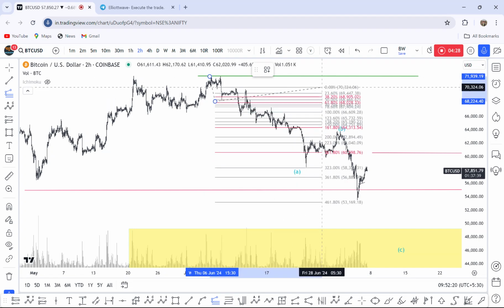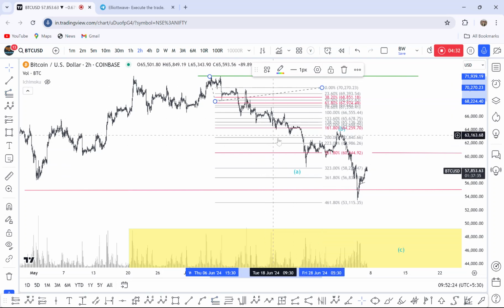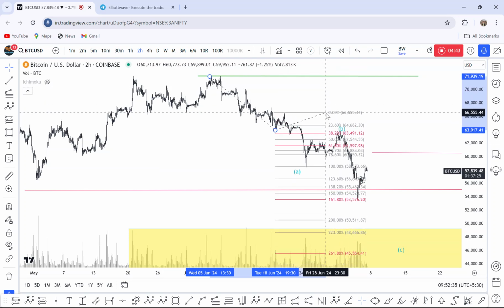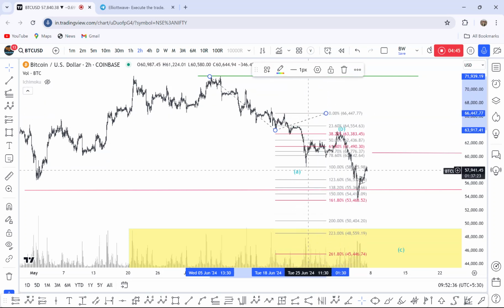Wave 1 is around 161 percent to around 100%.